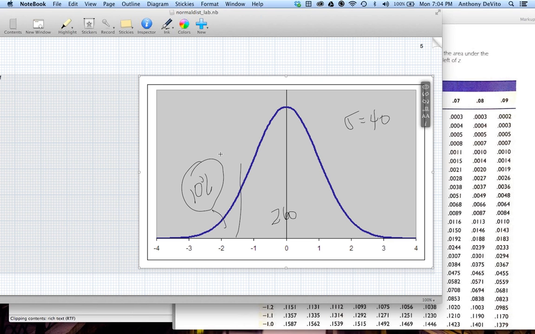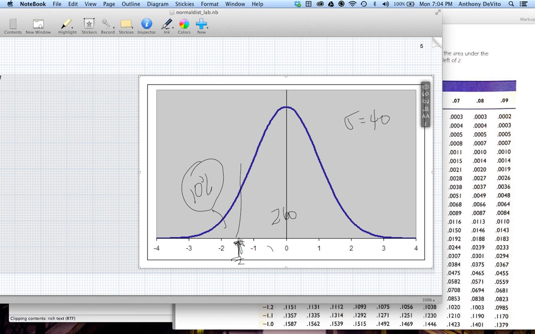I'm a manager. I'm saying anybody that's in the lowest 10%, I'm cutting them right away. So what does that batting average have to be? Well, I want to know what the z-score is, because if I know the z-score, I can figure out what that value is.